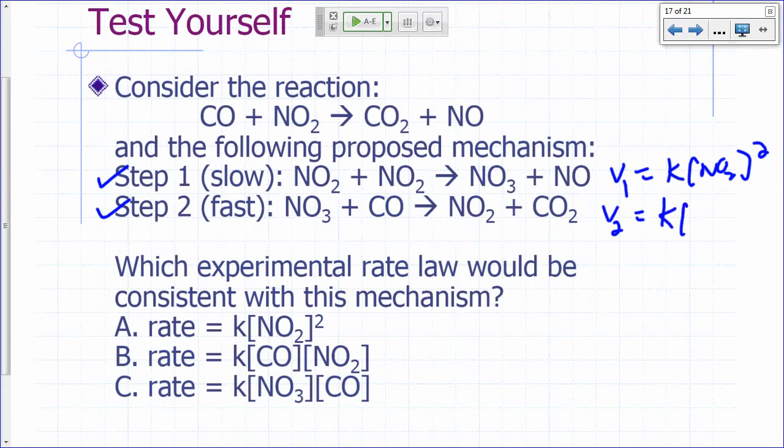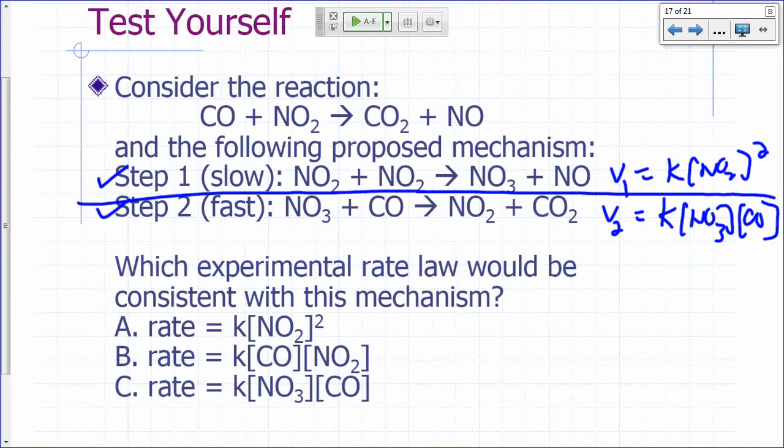It's k times [NO3] times [CO], right? But it doesn't matter. Step 2 doesn't matter as far as the overall reaction is concerned because it's very fast compared to step 1. So we say the rate determining step is step 1. It's step 1 that determines what the overall rate of the reaction is. We say that is your rate determining step. So A is the correct answer.